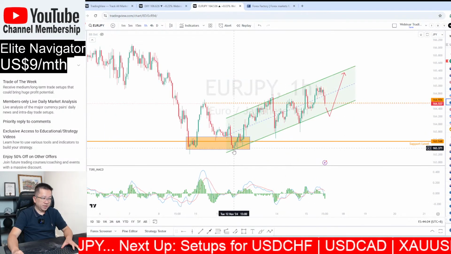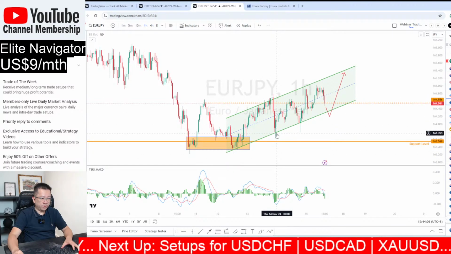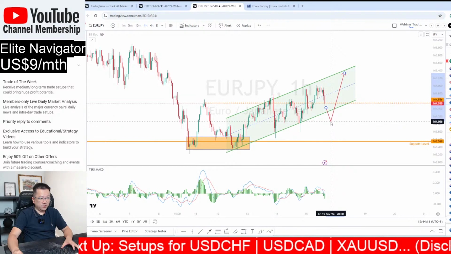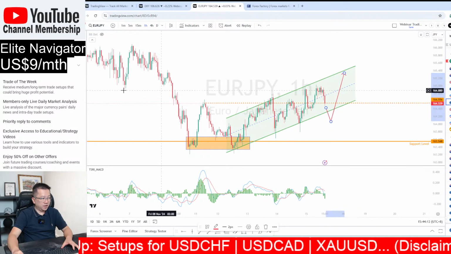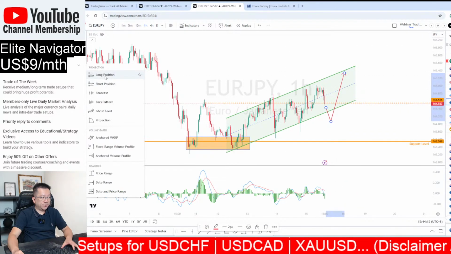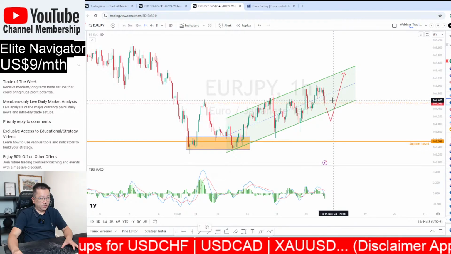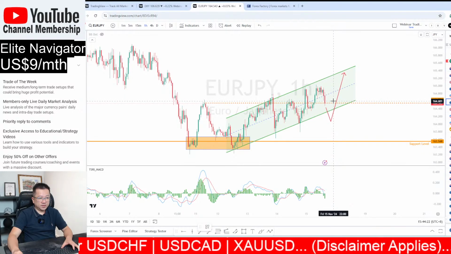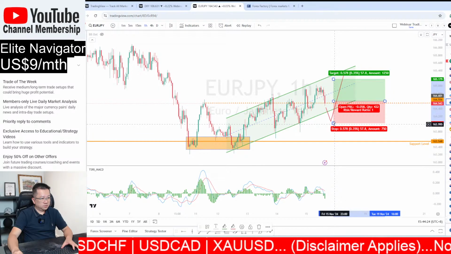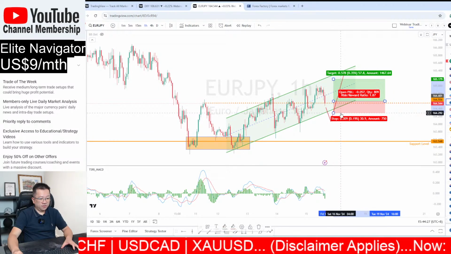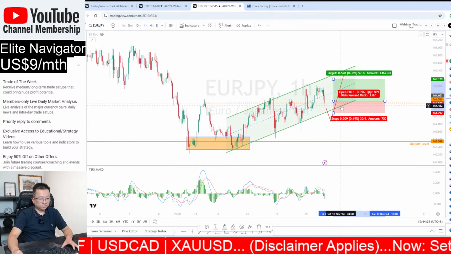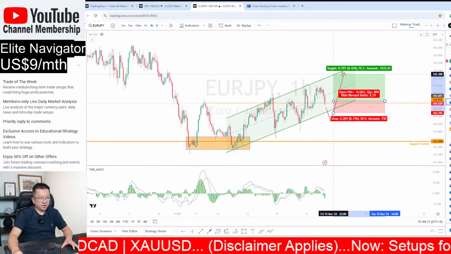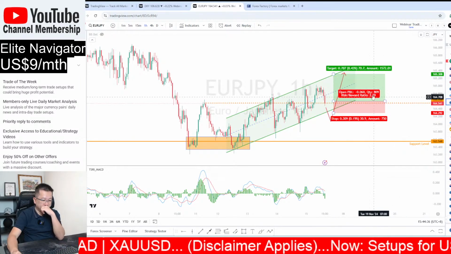Because see, every time it breaks out, it comes back in, breaks out, comes back in. Maybe what we're looking for is for it to break out, come back in, then push back up. Then you'll be looking at 164.60. Stop loss would be about 30 pips. Take profit would be about 70 up that way.